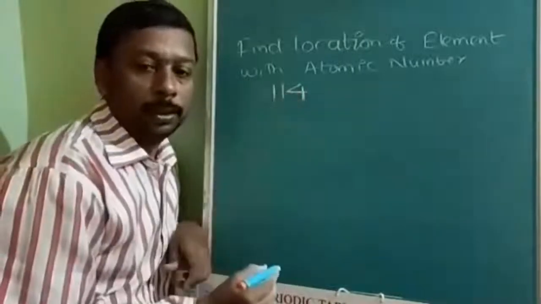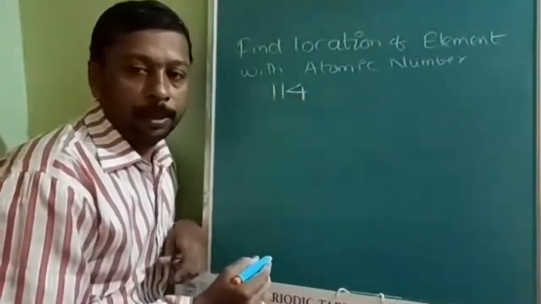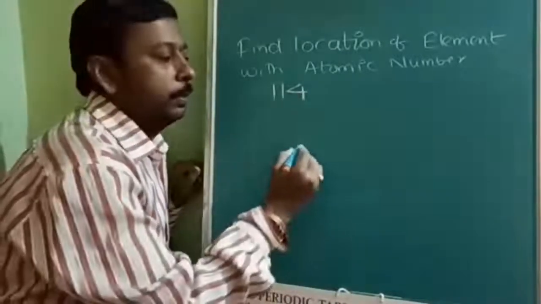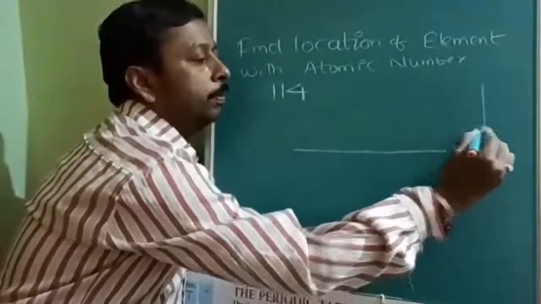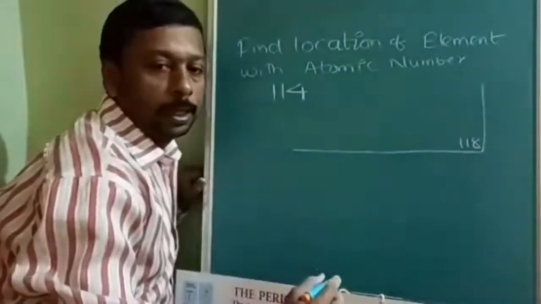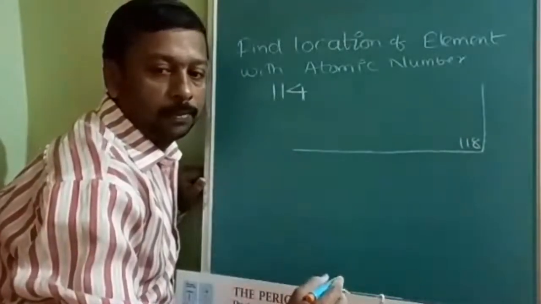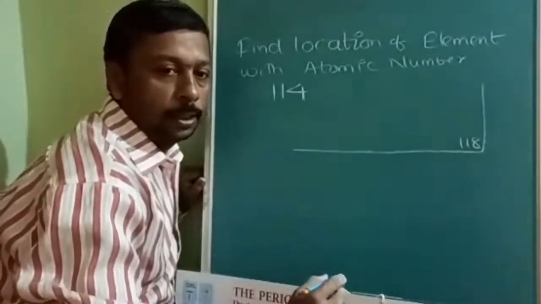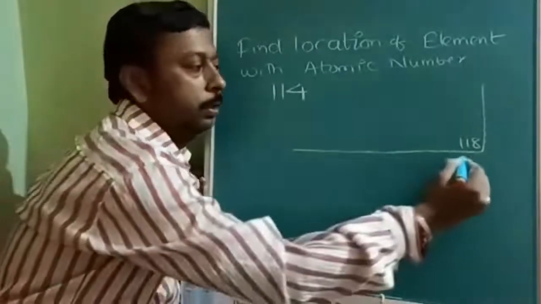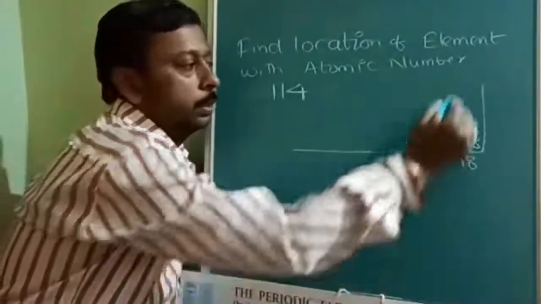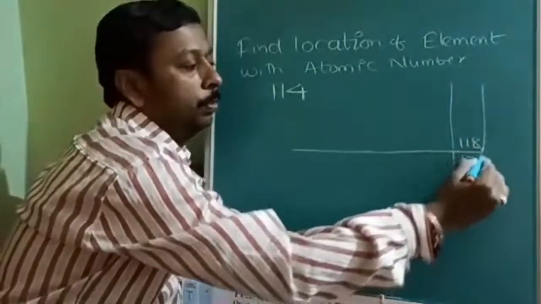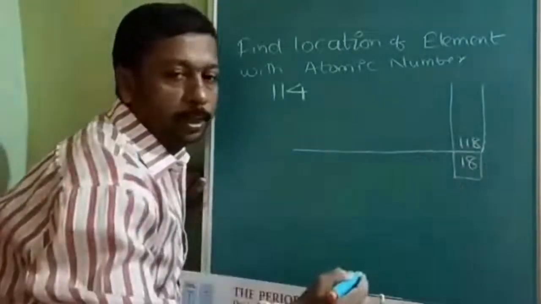So in that condition, very simple method. You should know the fact that the last element in the periodic table is 118. That sentence, if you know, that itself is sufficient. This is the 18th group. Last element is 18th group.